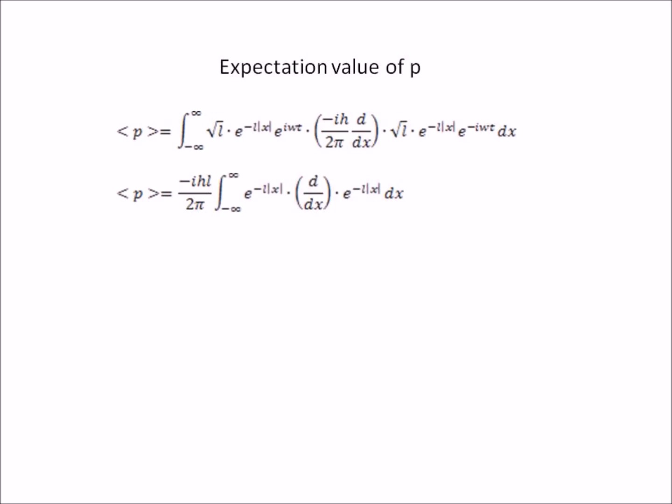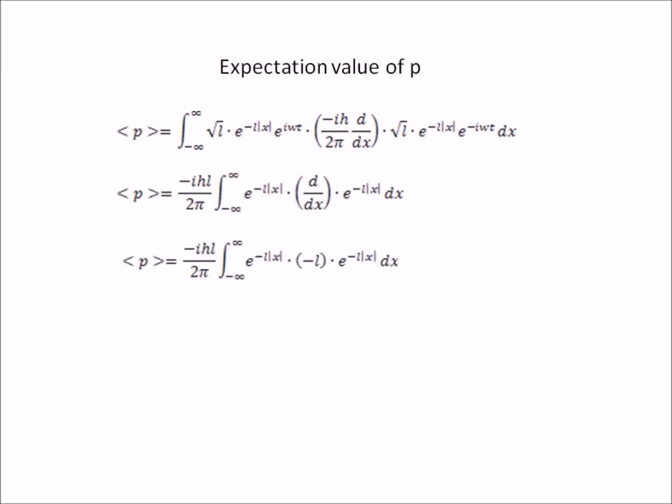In this case also the time part is vanishing because d by dx does not operate on the time part, it operates only on position, that is e raised to minus L mod x. So we have e raised to minus Lx in integration into the derivative of e raised to minus Lx.